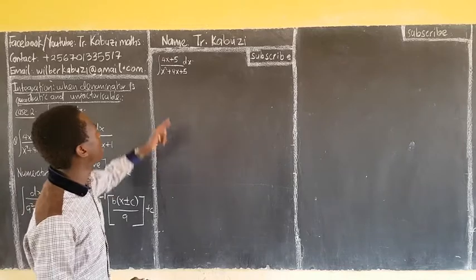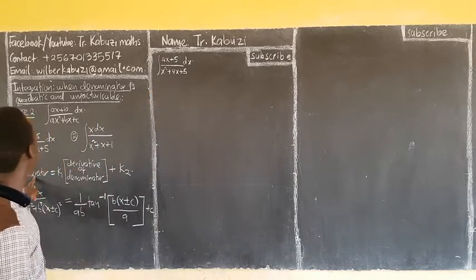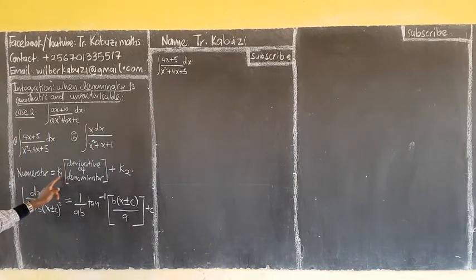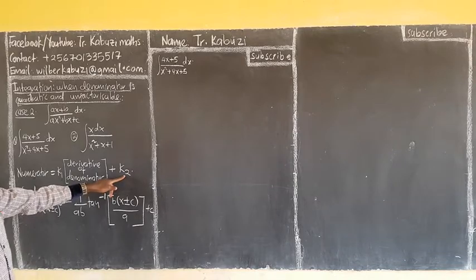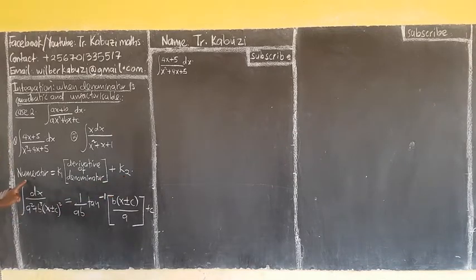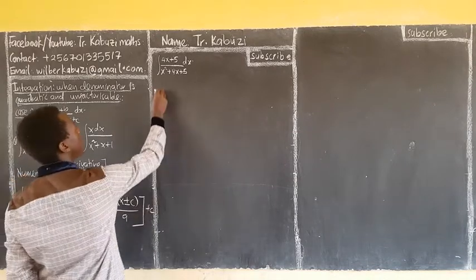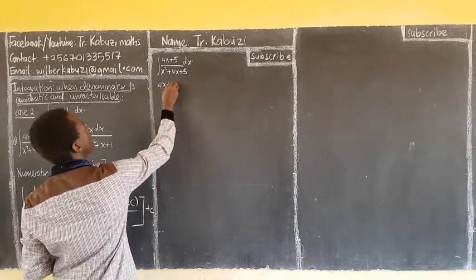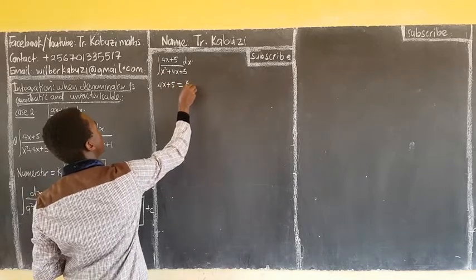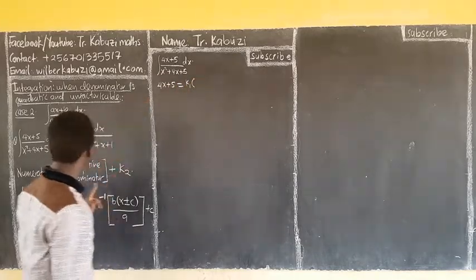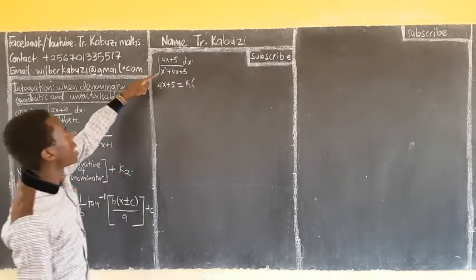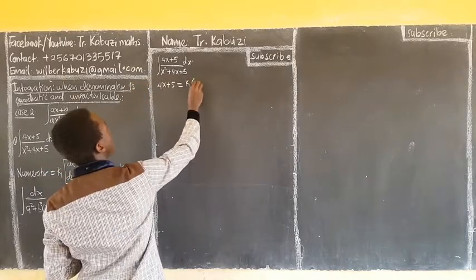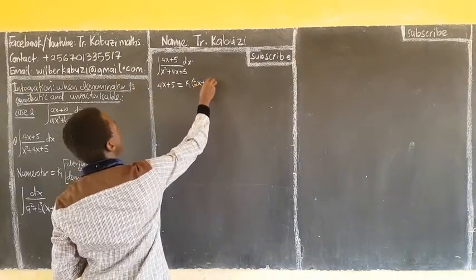So first of all, we use the formula that our numerator is equal to k1 times the derivative of the denominator, plus k2. This k1 and k2 are the constants we need to find. So my numerator will be equal to k1, now the derivative of the denominator, which I get as 2x plus 4.